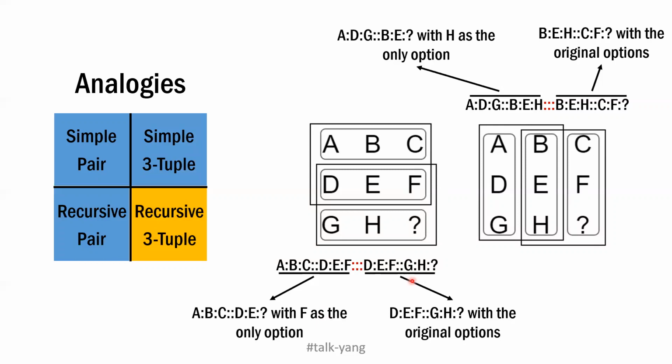The second simple analogy represents a second subproblem, but with the original options from the Raven problem. And likewise, we can do the same decomposition in the column direction to get the recursive analogy here on the right.